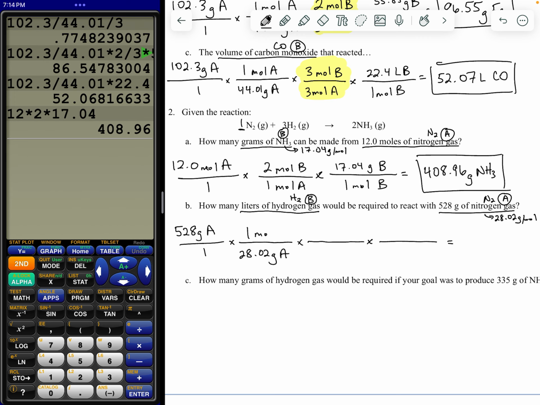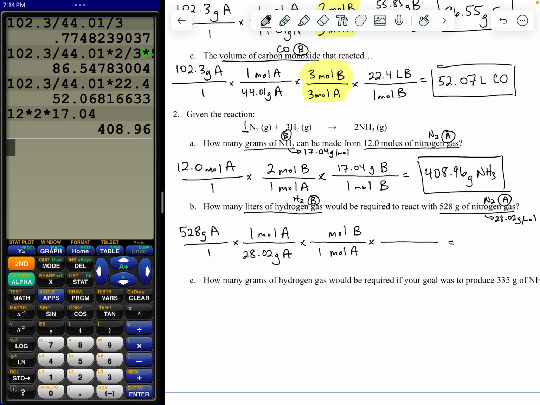We have 1 mole. Remember, molar mass and volume are all equal to 1 mole at all times. The only point in which you may have a different value with the unit of the mole is when we are going from A to B, because we do use those coefficients from the balanced equation.